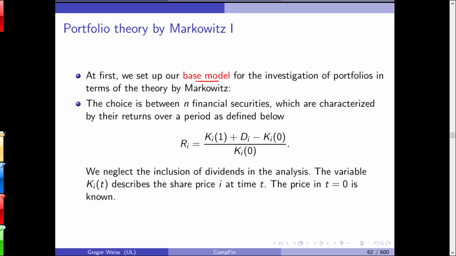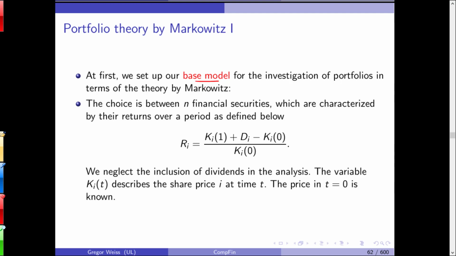We'll look at returns. Now you can make a big case out of the question whether you should use log returns or discrete returns. In this case, we use discrete returns, diskrete Renditen, simply taken as price tomorrow minus price today divided by price today, with one slight change here.